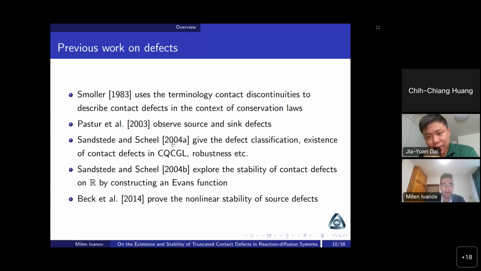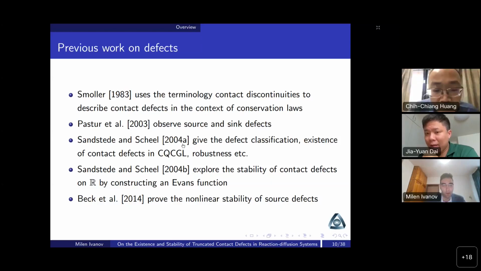Björn Sandstede and Arnd Scheel, in one of their big papers, give a classification of defects into four categories. They prove that there is a contact defect in the complex cubic-quintic Ginzburg-Landau equation. They talk about robustness of some of the defects and so on. In an accompanying paper, they prove the spectral stability of contact defects by constructing an Evans function, and the work is for x real, so they don't truncate.